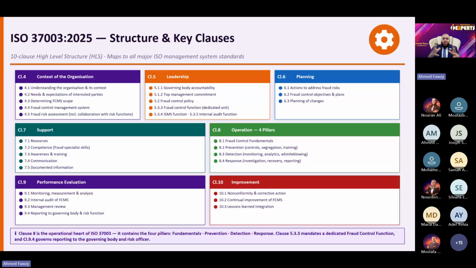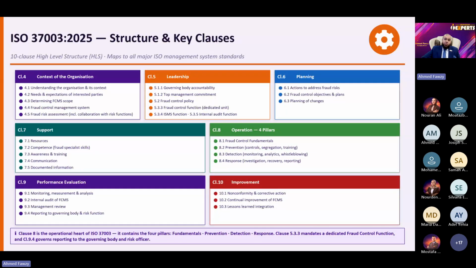Number 5, and it goes without saying, without upper management support, it will be a big problem for many organizations to establish any system. So we highly recommend to have leadership support. We have to have top management commitment to support the fraud control management system.